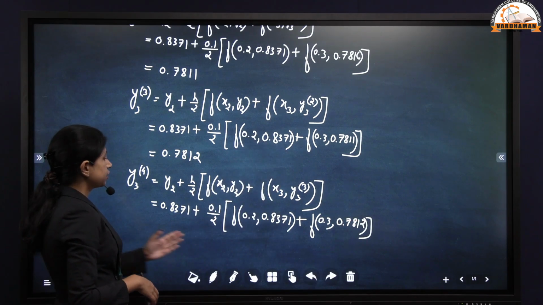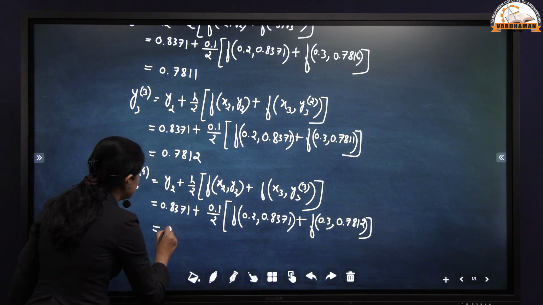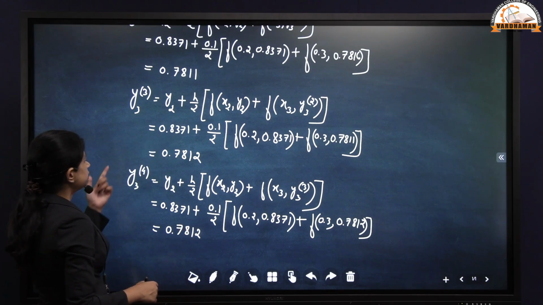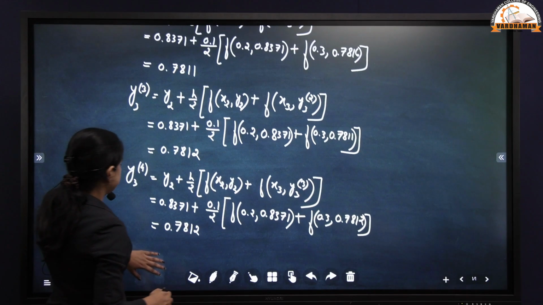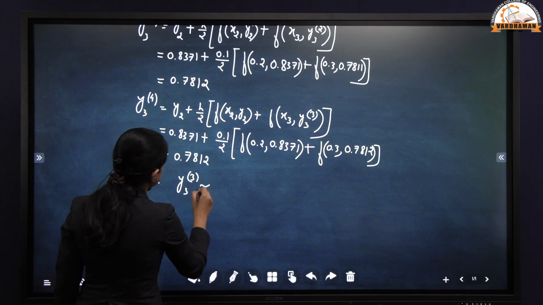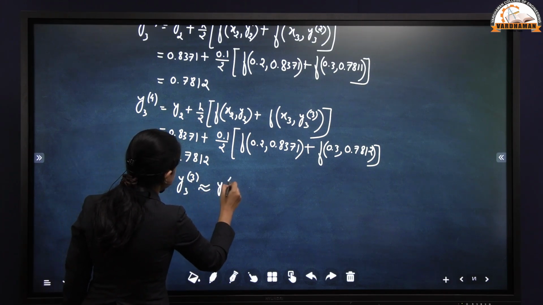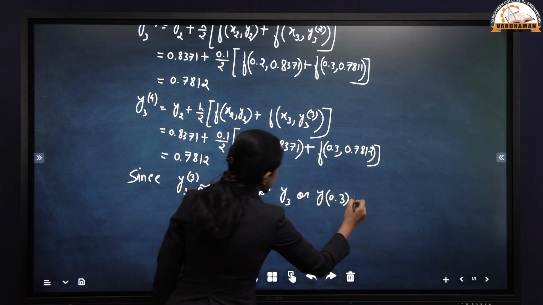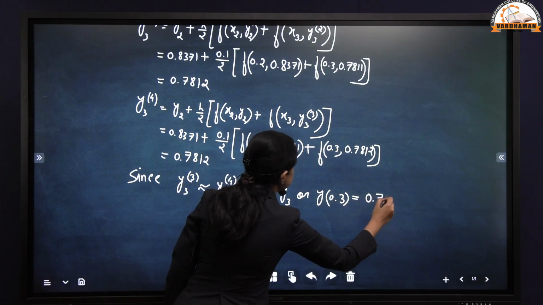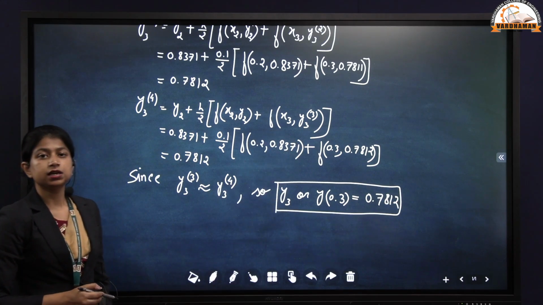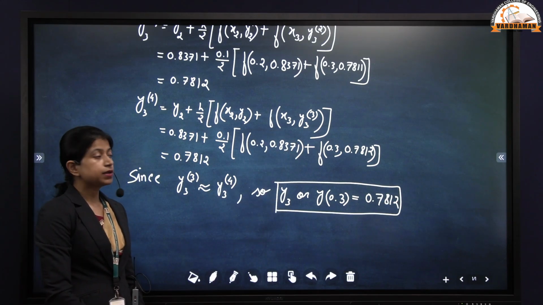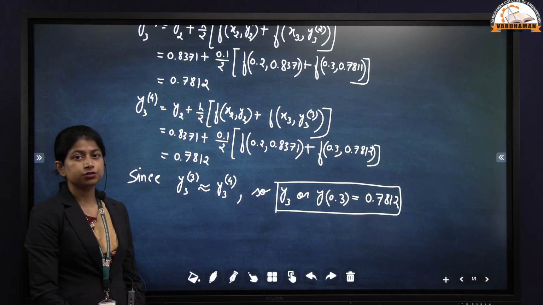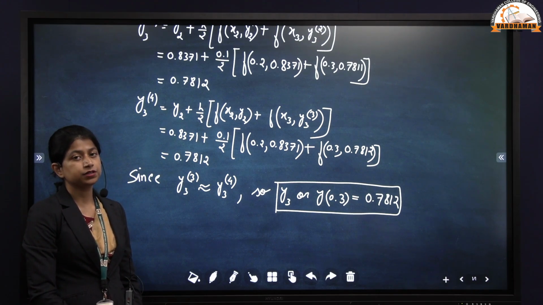If we compute this value, we get 0.7812. Up to 4 decimal places, y3³ and y3⁴ are same, since y3³ is approximately equal to y3⁴. So y3 or y at 0.3 is equal to 0.7812, which is the required answer. So this is how we use modified Euler's method to find the numerical solution of a first order ordinary differential equation.